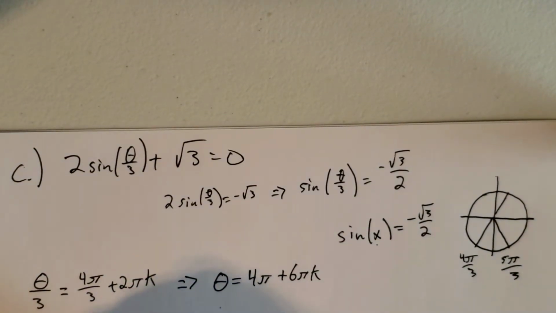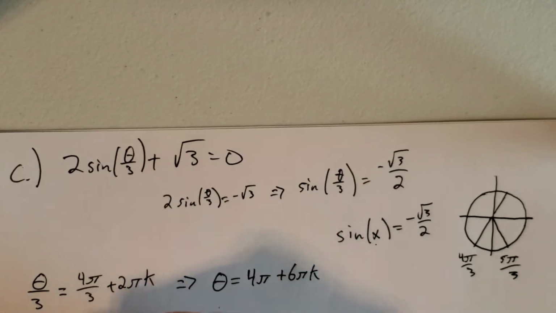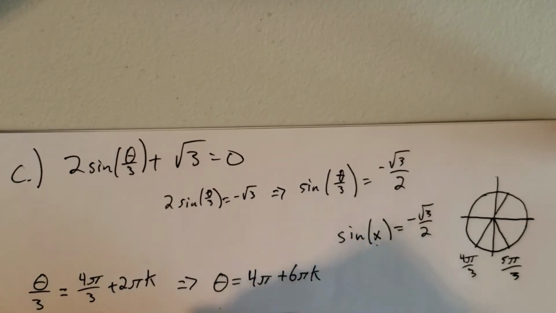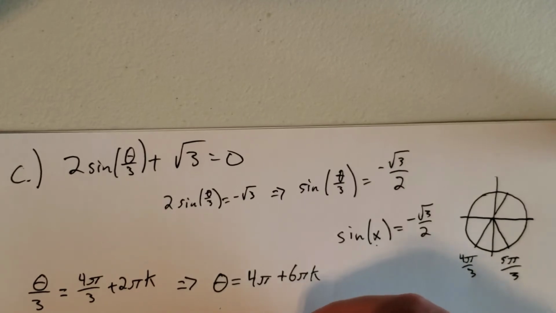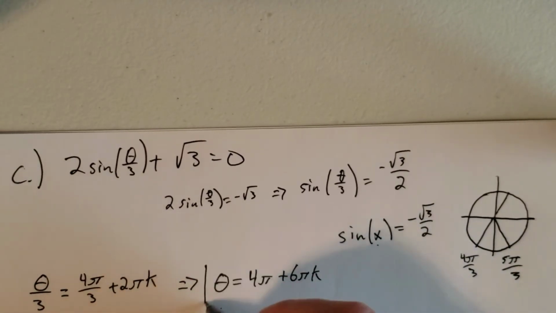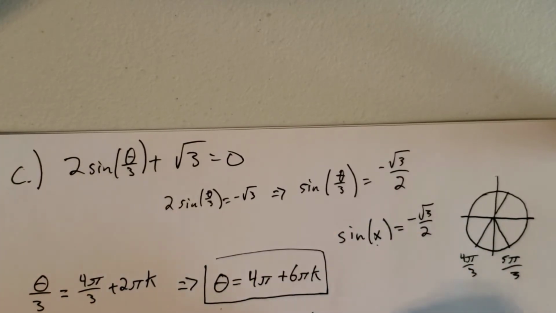We also said that theta over 3 could have been 5 pi over 3 plus 2 pi k. So if we multiply by 3 again on both sides, we get theta is equal to 5 pi plus 6 pi k. So we got two solutions here for theta to solve our equation.